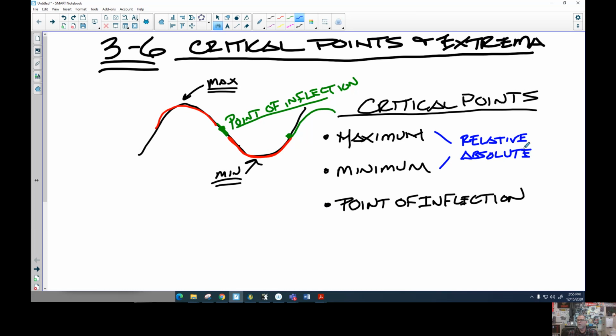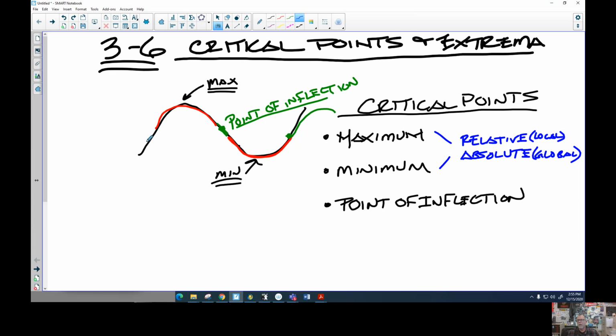I want you to also understand that relative is also called a local maximum or minimum in other books. An absolute can be called global, just in case you hear those words used, maybe by your teacher. Some of us learned it differently, and they may talk about a local or global extreme rather than relative or absolute. Your book uses the relative and absolute idea.